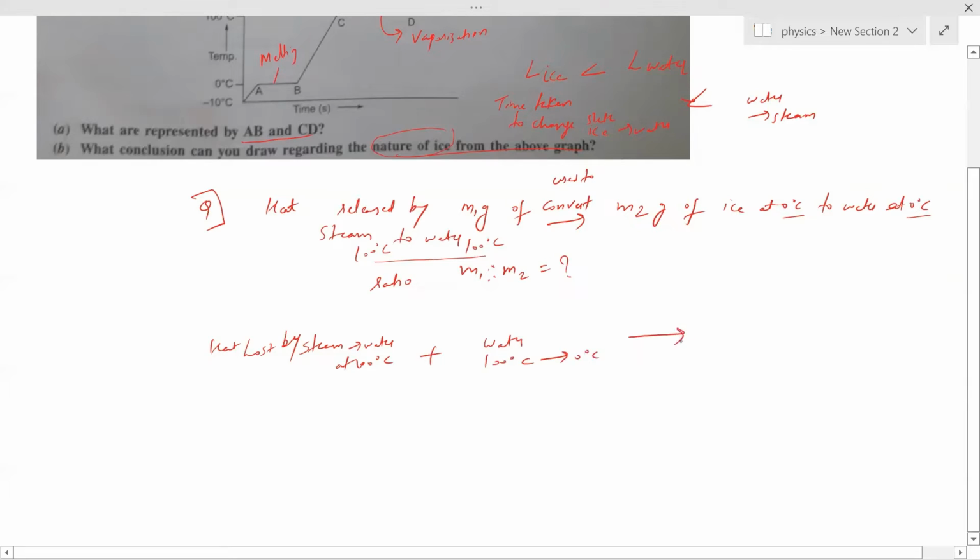This will be the heat lost, and that is equal to heat gained by ice from 0 to water, because the final temperature is 0. So the water from 100 to 0 will also be included.